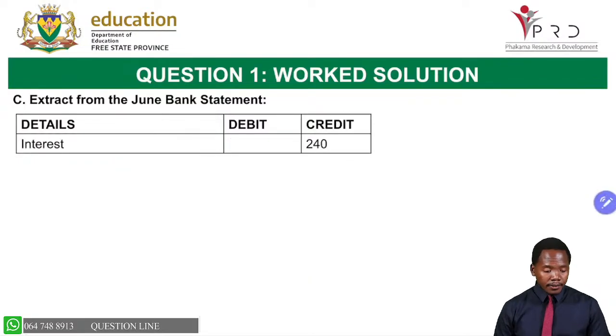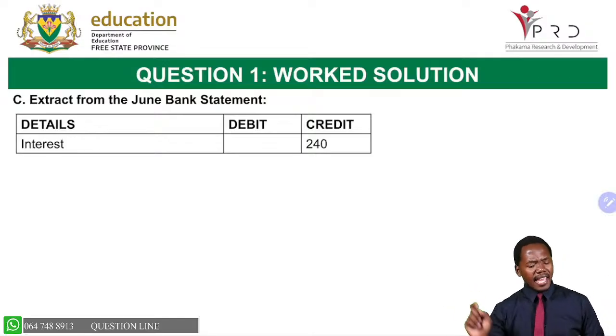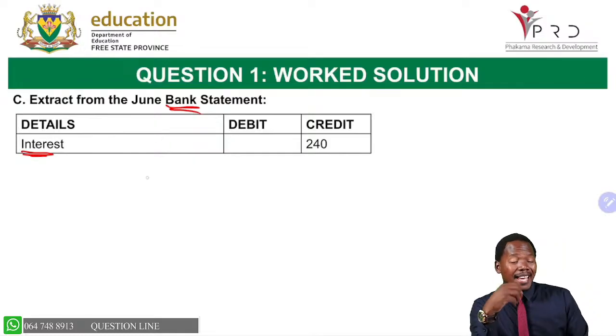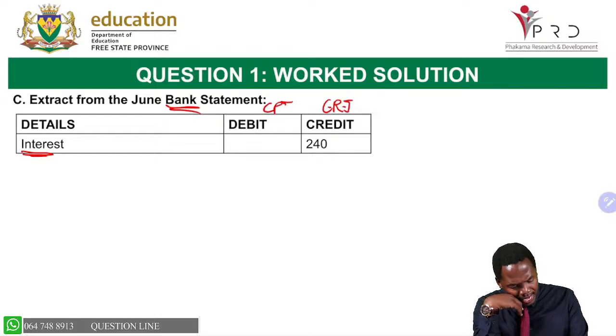Now let's move on. We also have an amount that did not appear in the bank reconciliation statement, but it's there in the bank statement. It's written interest. What did we learn? We learned that anything on the credit side is part of CRJ. Anything on the debit side is part of CPJ.